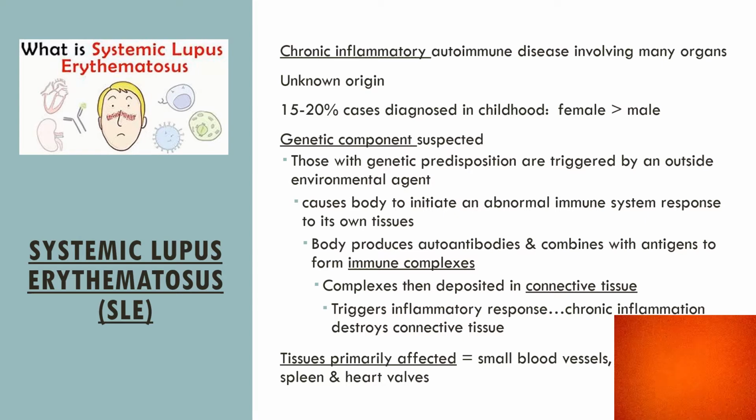Once we deposit these foreign agents, if you will, into this connective tissue, it triggers an inflammatory response in that tissue. And of course, then that leads to inflammatory response and destruction of that connective tissue. The most common tissues affected with lupus are those small blood vessels, the spleen, and the heart valves. So you can see those are pretty significant areas where damage can occur.